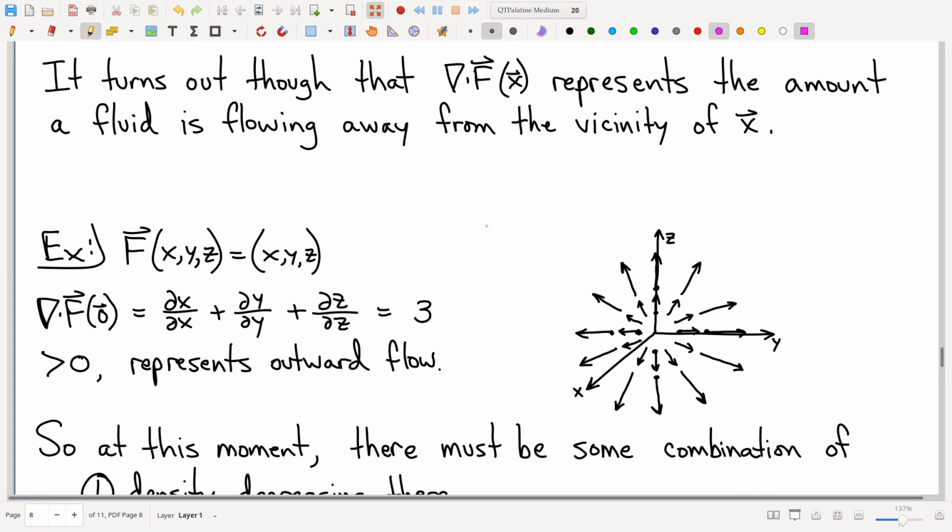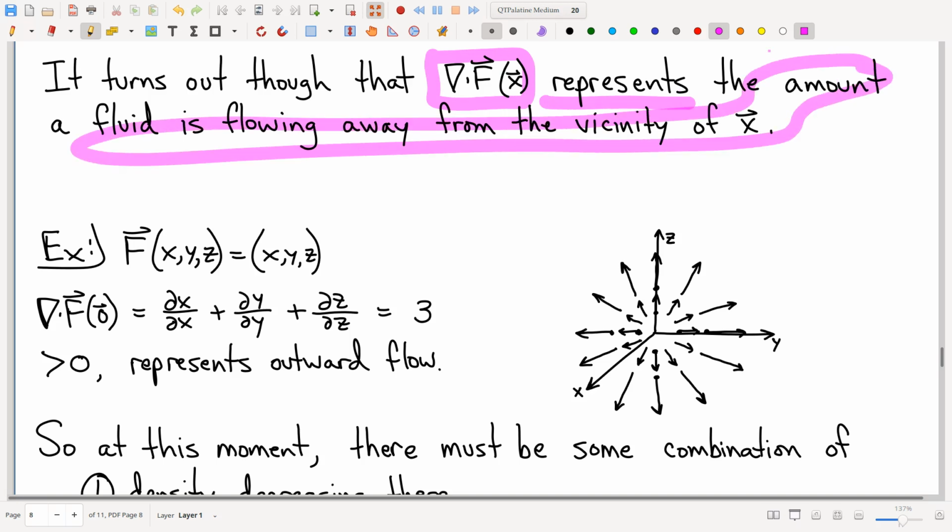But just to give you a little time to chew on it, roughly speaking, what divergence represents is, in some sense, the extent to which the vector field represents a fluid that's evacuating away from, or flowing away from, wherever it is that you're evaluating the divergence. I know I have given you no reason to believe that other than what confidence you may have in me and the book. But this is what I claim. Divergence represents the extent to which the fluid is flowing outward away from some vicinity.